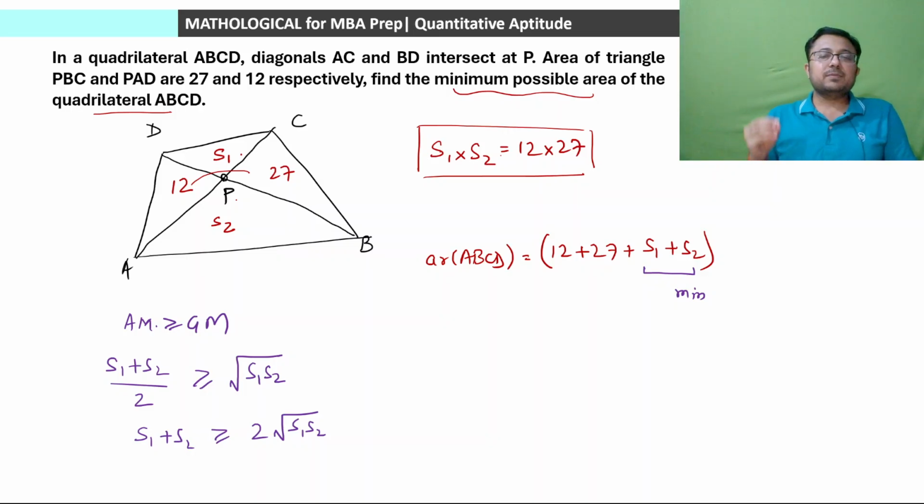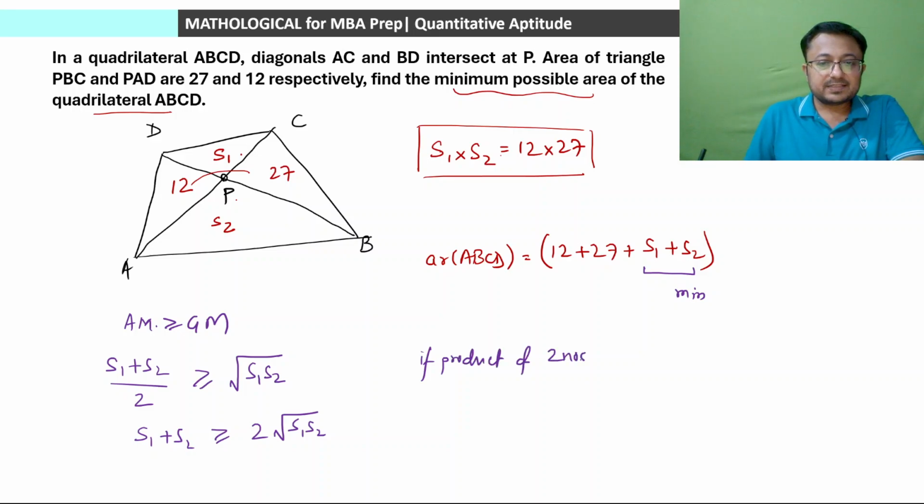If the product of two numbers is given, then the sum is minimum when the numbers are equal.